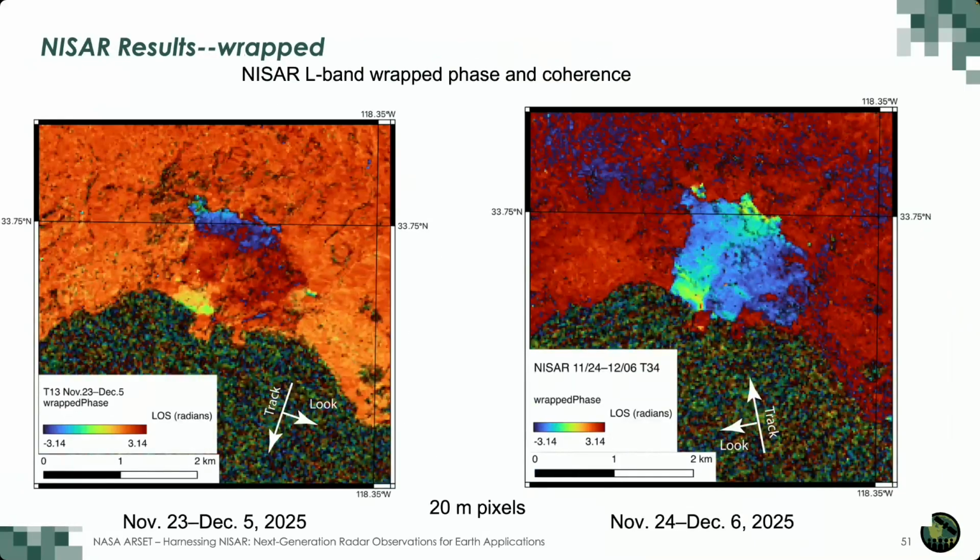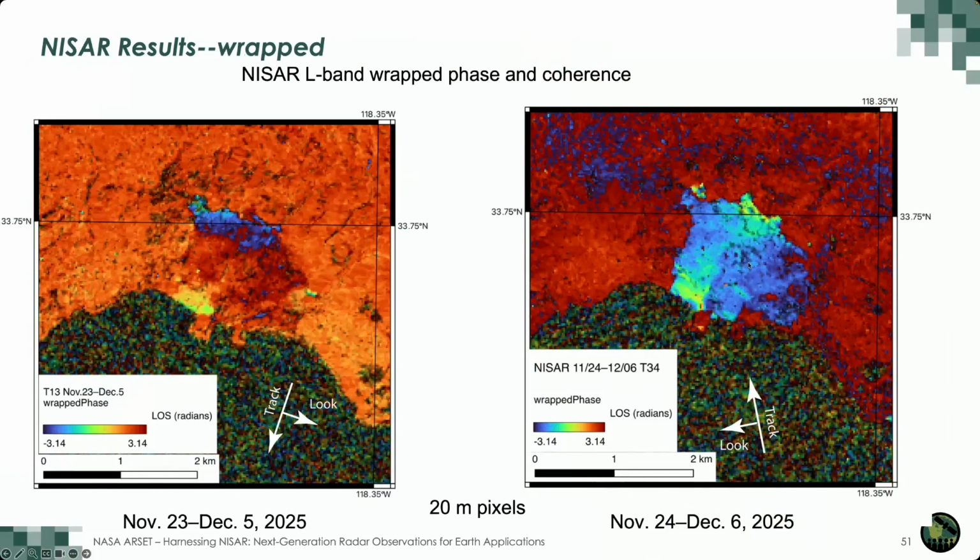So these are wrapped interferogram results, on the left the descending track, and on the right the ascending track, for an interval of 12 days, November 23rd to December 5th. It turns out that just one day later, the ascending track is November 24th and December 6th. And you can see these two maps look very different.